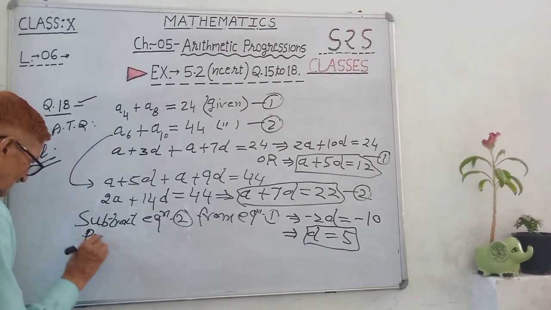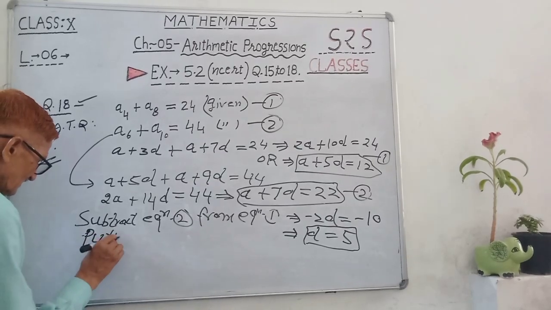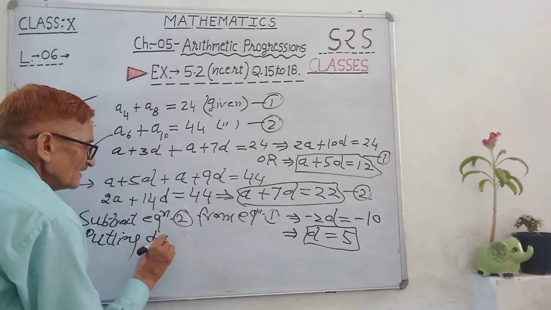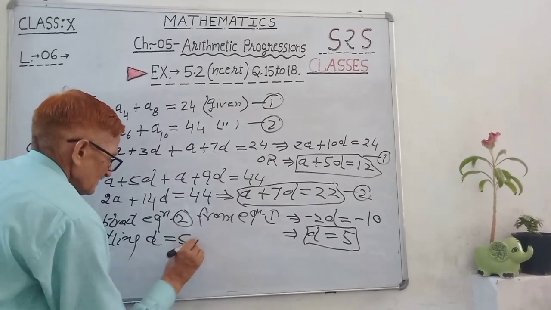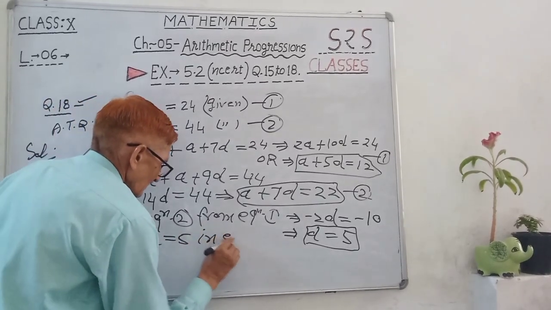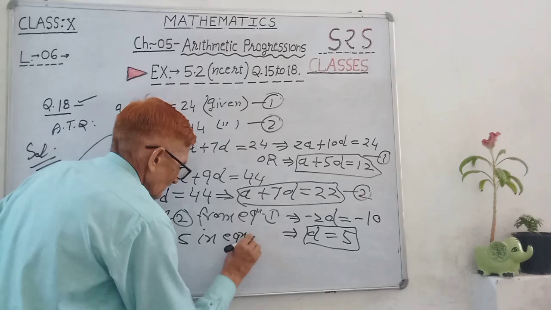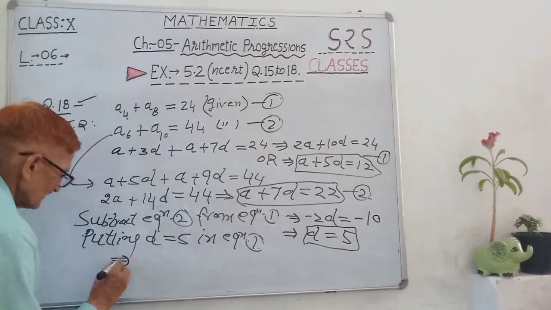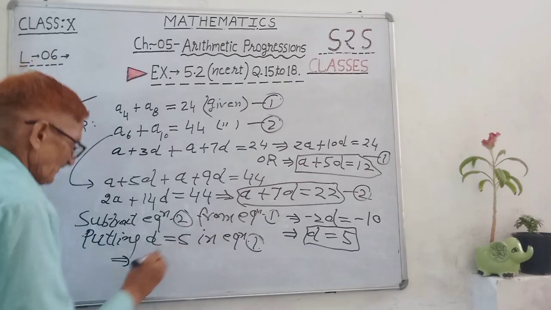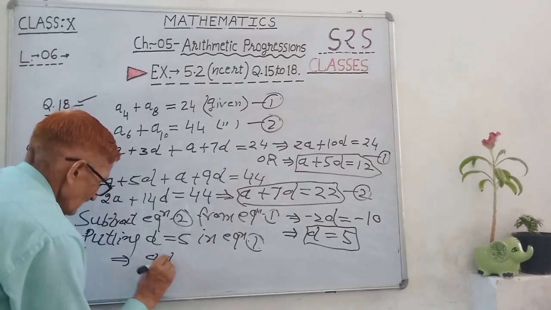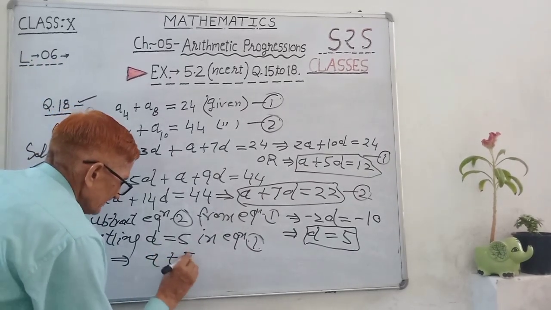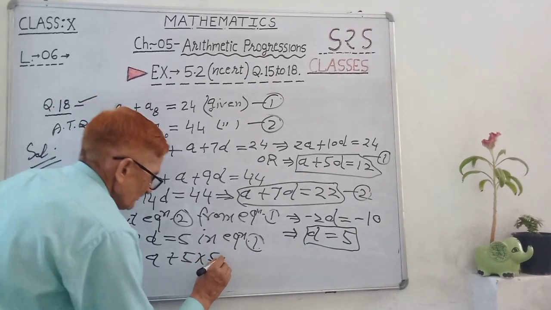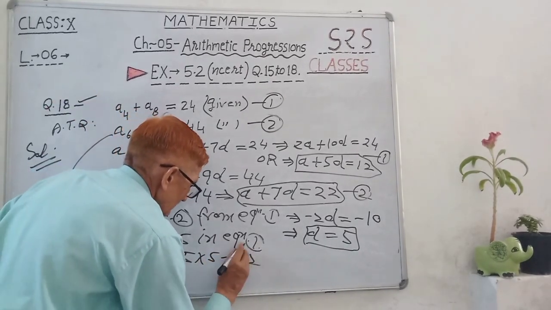Putting D equal to 5 in any one equation. In equation 1 I am putting: A plus 5D, D is 5, A plus 5 into 5 is equal to 12.